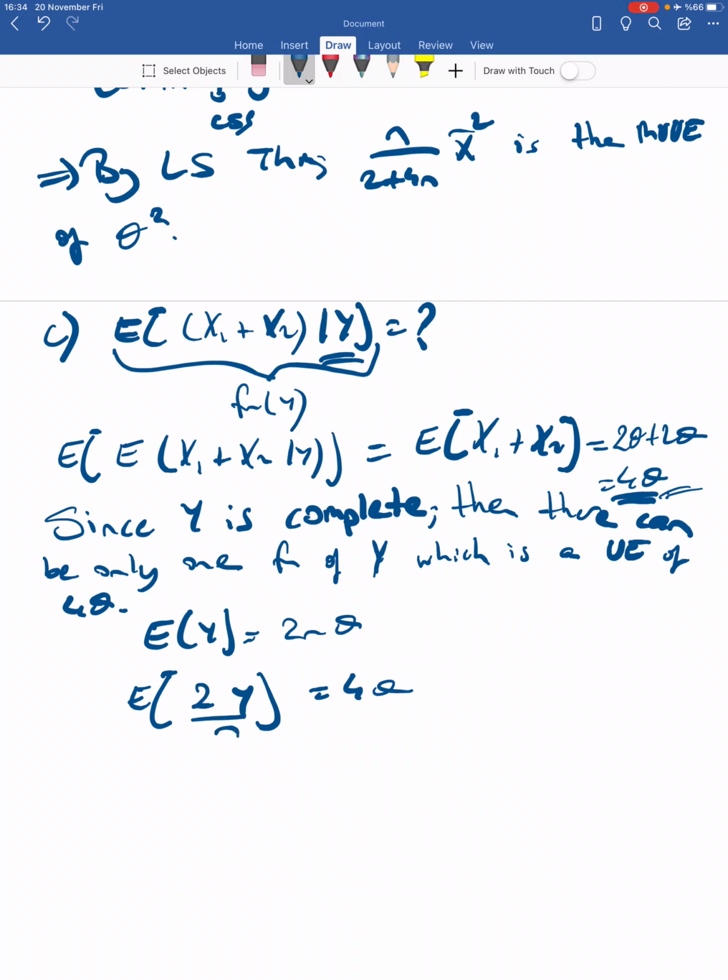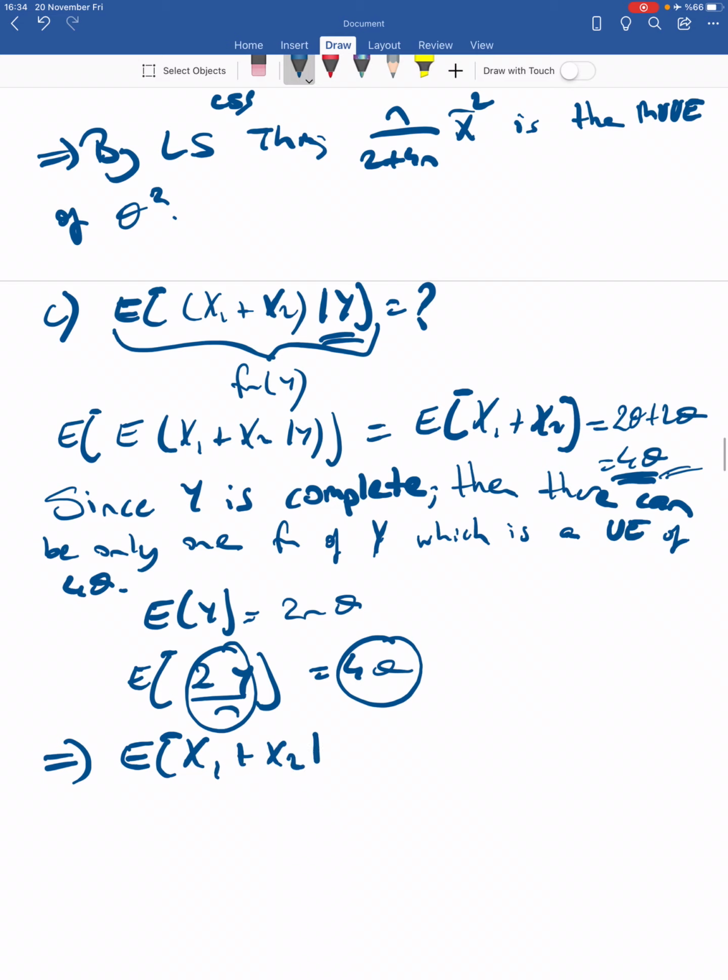Then we will have 4 theta. So we have a function of y whose expectation is 4 theta. Okay, so whose expectation, meaning the expectation of the conditional expectation, is 4 theta. So this means that the expectation of x1 plus x2 given y should be 2y over n, or 2 x bar.